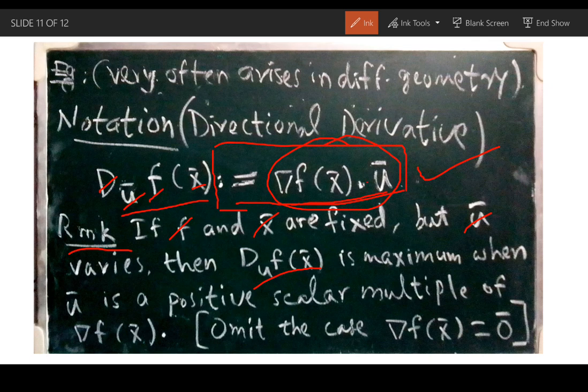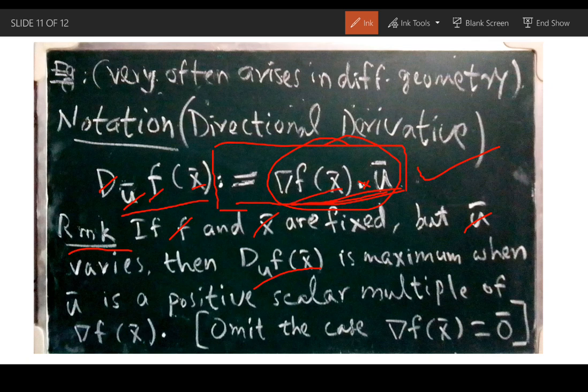Remember, this is dot product. Dot product is also given by a dot b equal to a mod b cos theta, right? So a dot b is maximum when theta equal to 0. That means a and b are in the same direction. Understand? So del f at x dot u is maximum when u is in the direction of del f.